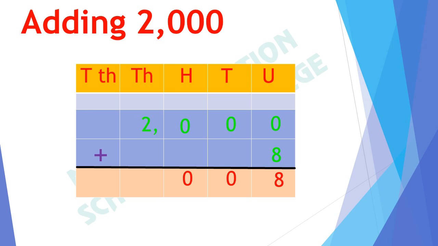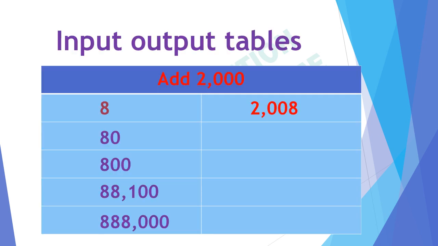There is 2000 and there is nothing to add in it. We write it as it is. It means in 2000 if we add 8, we get 2008. In 8 if we add 2000, we get 2008.